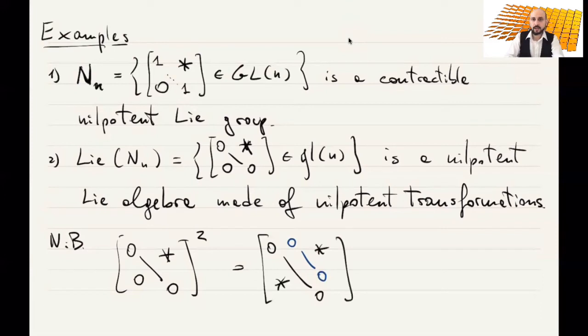Now you understand that if you iterate this, if you take the k-th power, then you are going to have the first k diagonals that are all 0. Therefore, eventually, all of the elements in here are going to be 0.